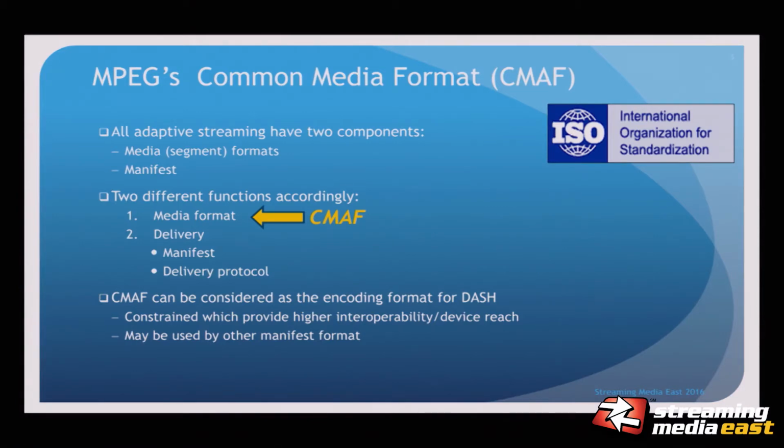So the idea is, can we create a media format specification that goes beyond Dash? It can be used for Dash, but also HLS, Smooth, and other streaming protocols. This is a way to bridge the gap between different streaming protocols.